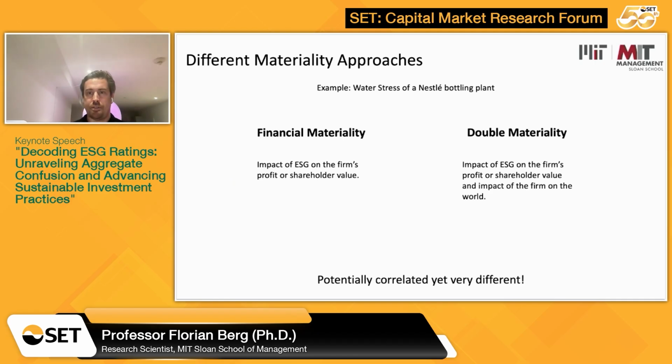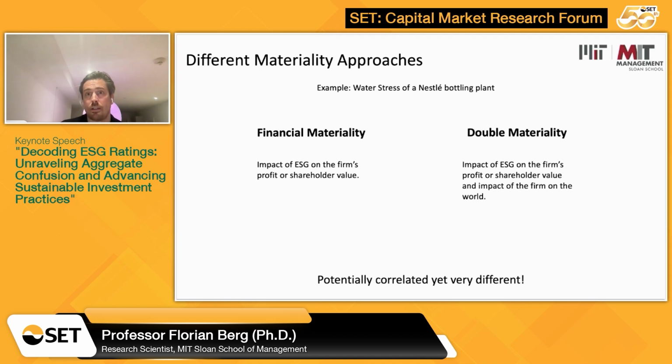Then the impact materiality here would be that certainly the bottling plant doesn't have enough water, but the communities around are also deprived of water. That would have an impact on the communities around, on the outside world of the company. This is what we call impact materiality.